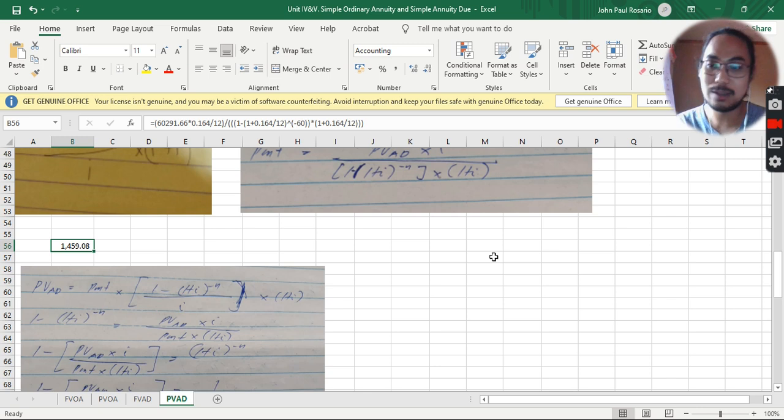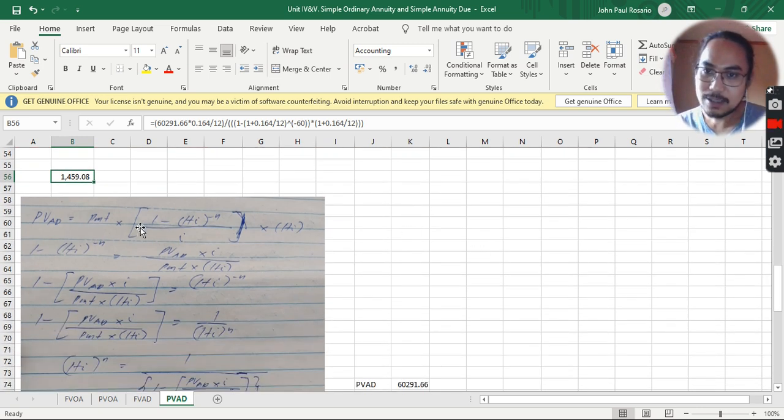So now the next problem would be, what if the unknown value is our n, or the number of periods, the number of payments that we will be making. So from this formula, so this is our original formula for PVAD. So our unknown is n, so we transfer this one to the other side. So we eliminate other things that can be eliminated, and then retain those that has the n value. So with that, no, so PVAD, so we transfer I to the other side, so that's times I. Payment and 1 plus I will be transferred as denominators to the other side.